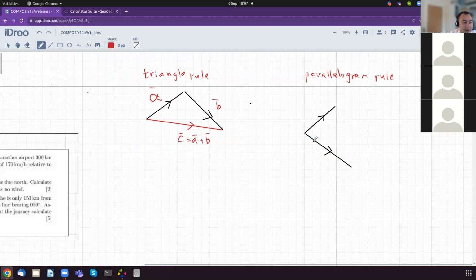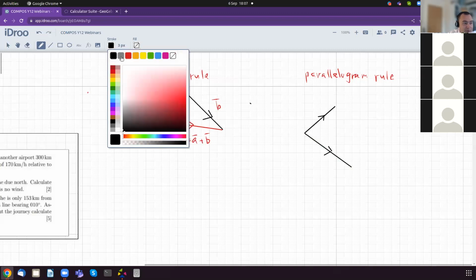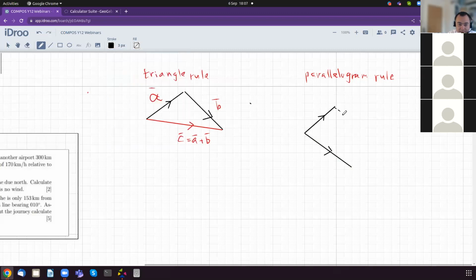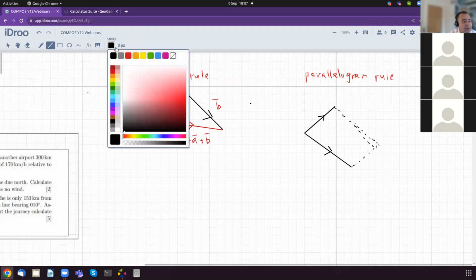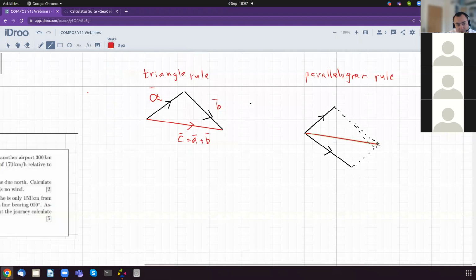Then you draw a parallelogram based on these two vectors. Basically, you complete a parallelogram, not too accurate in here, and then you draw the diagonal of the parallelogram. And this is vector C.